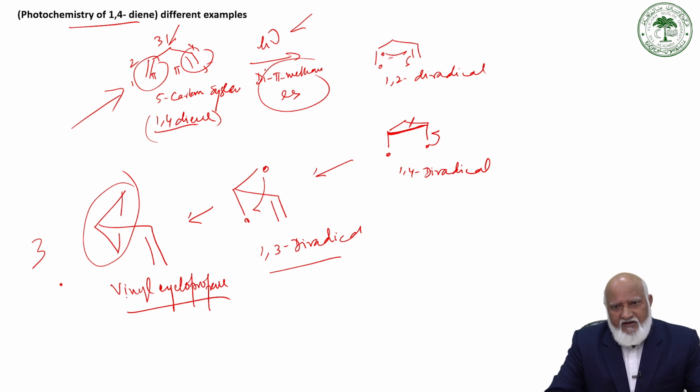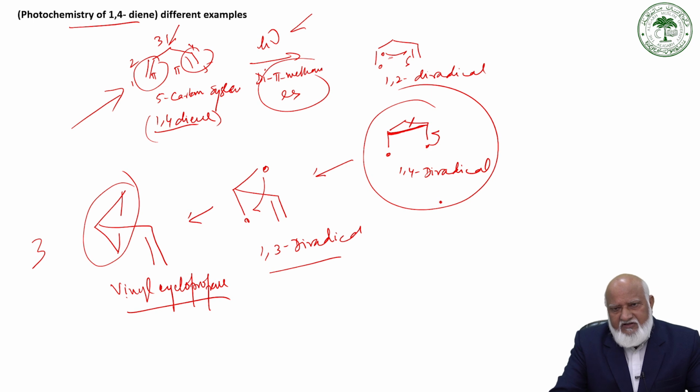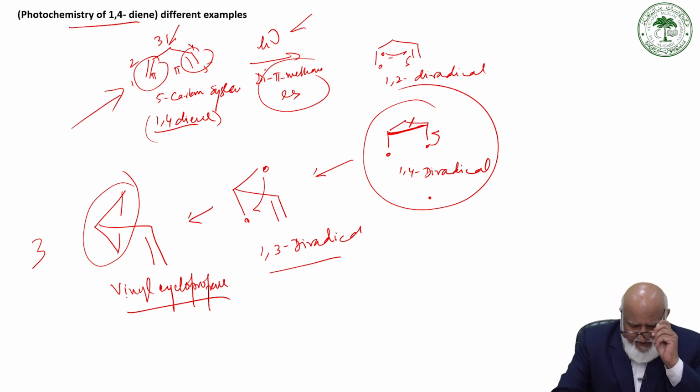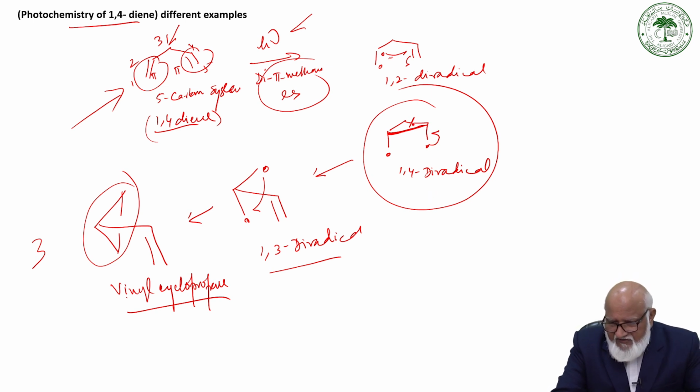Also, in this step there is a possibility of cleavage of either this bond or this bond. Which bond is going to be cleaved depends upon the stability of the carbon-centered radical formed after the opening. So the reaction is regioselective, because if this bond opens we get one product, and if this bond opens we get another product.